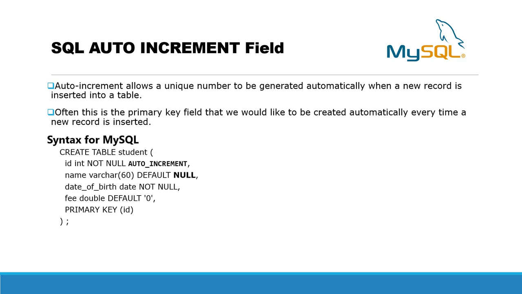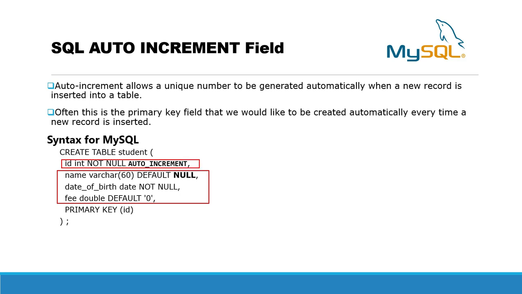While creating the table itself, you can specify auto increment for your primary key column, in this case, ID. When you try to insert a record in this table, you only need to supply values for the rest of the columns except the primary key column.